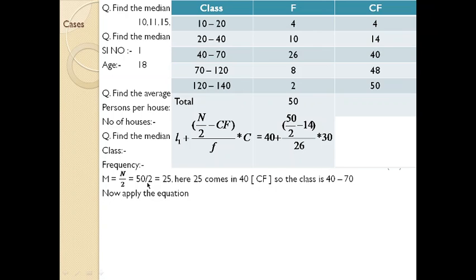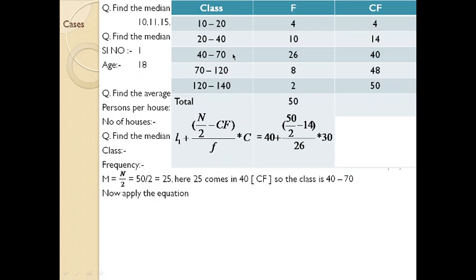We have dealt with the same in the beginning, 50 by 2, let it be like that, minus CF. Remember, most of the students will write this 40 as CF. We never take the number from that CF itself. You need to take the number preceding the CF. We found that 40 was the number within this CF, and on the basis of that 40 only we selected 40 and 70.